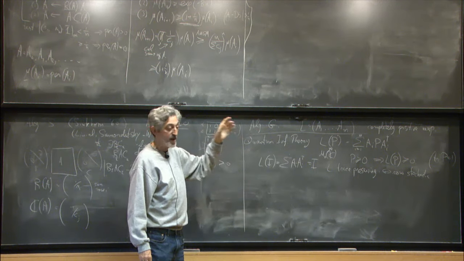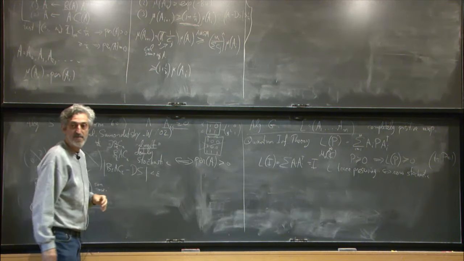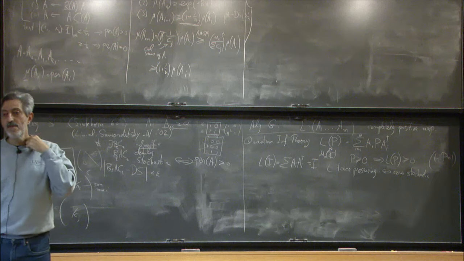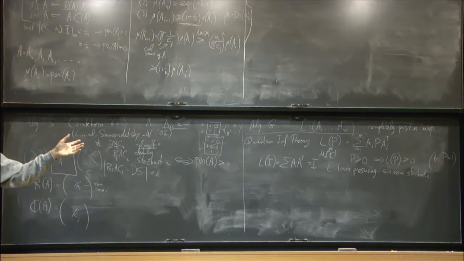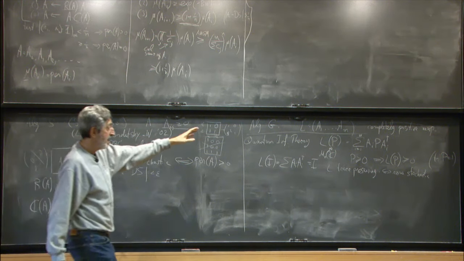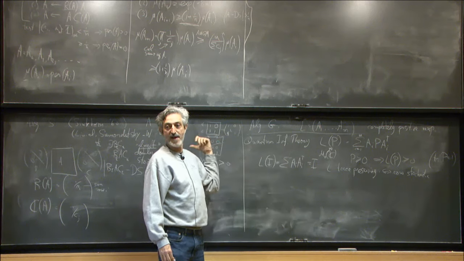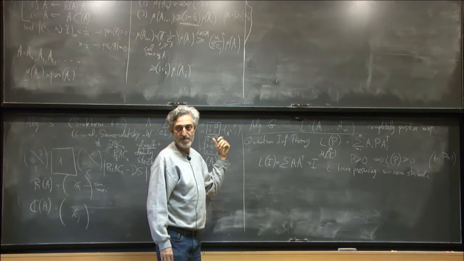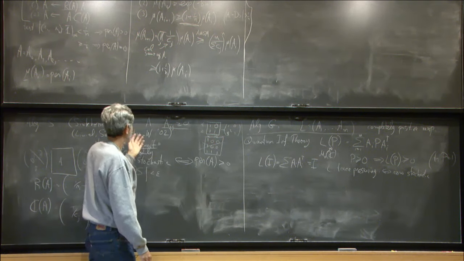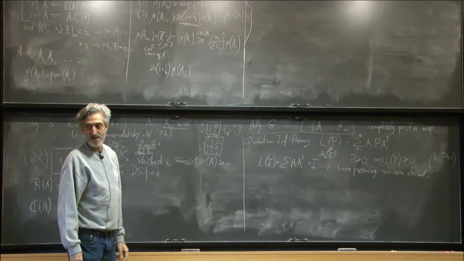This will make it a completely positive map. So everything I say here, if you want to find it in the classical case, that's how you find it, through this conversion of A to a bunch of diagonal matrices.